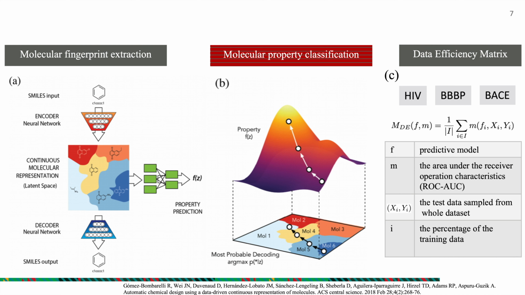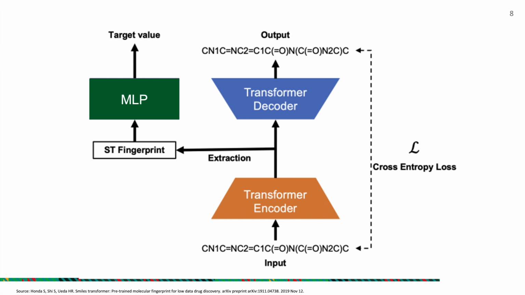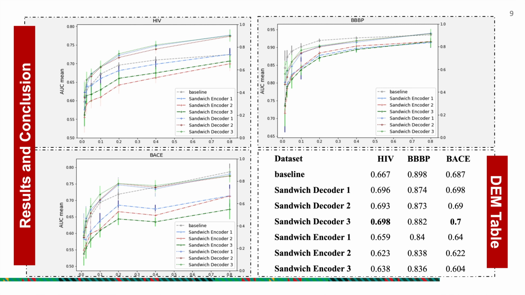And then eventually we'll calculate the data efficiency metric by doing some different random splits of train data and test data with different sizes, and then average their scores. So this will be a closer look into our transformer. We have an encoder and then a decoder, and the encoder can be used for extraction of the fingerprints.